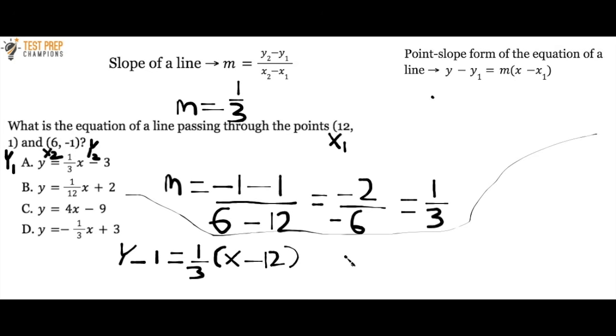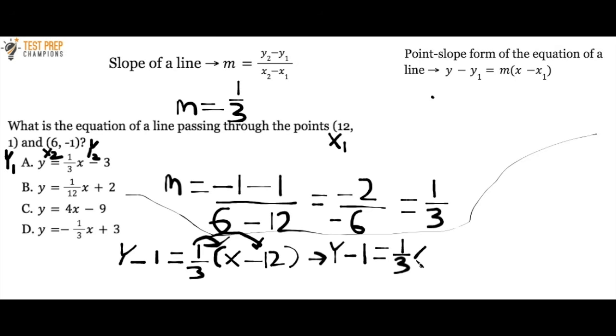Now I am going to take this 1/3 and distribute it. I'm going to do 1/3 times x, and then 1/3 times negative 12. Some people like to start by adding the 1 to the right-hand side first, and that's fine if you want to do it. There's really no right or wrong way, but I just like to distribute first.